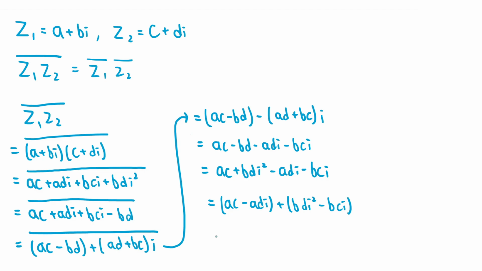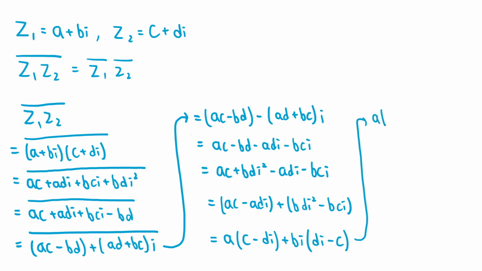If we factor out an a from both terms in the first group, this becomes a times parentheses c minus di. And if we factor out a bi from both terms in the second group, this becomes bi times parentheses di minus c. This is just equal to a times parentheses c minus di minus bi times parentheses c minus di, and what we've done here is we have factored out a -1 from the second parentheses.